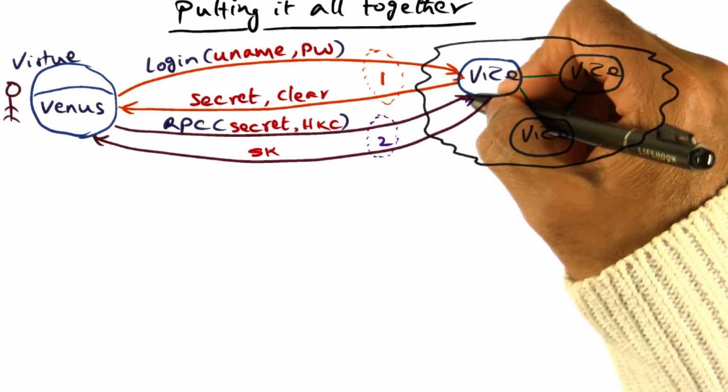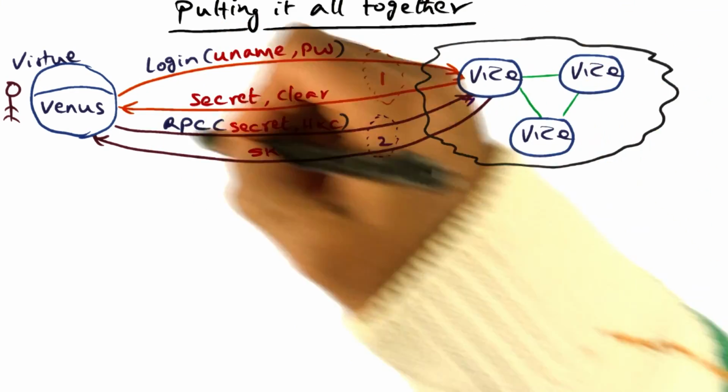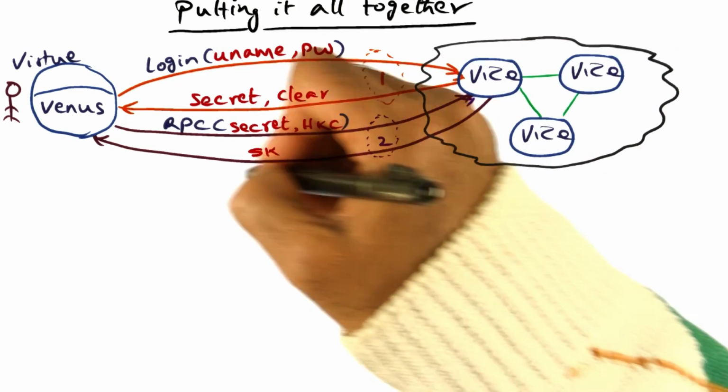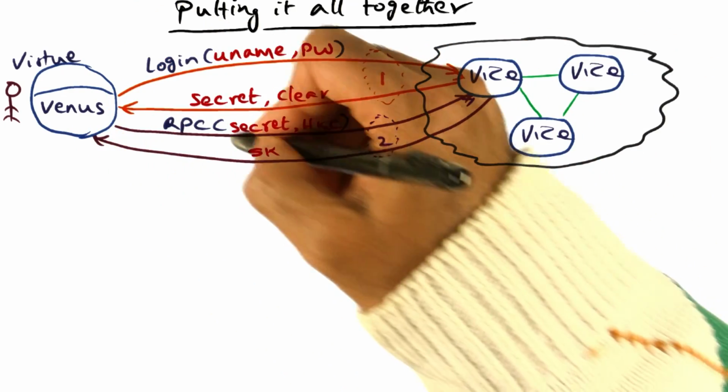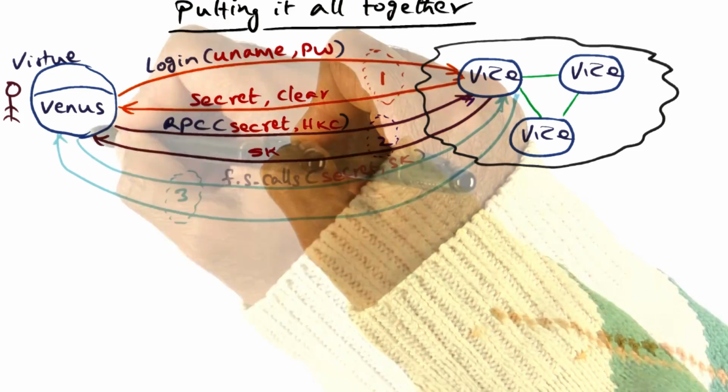And as a result of this session establishment, what Venus gets back is a session key for use in this particular RPC session.